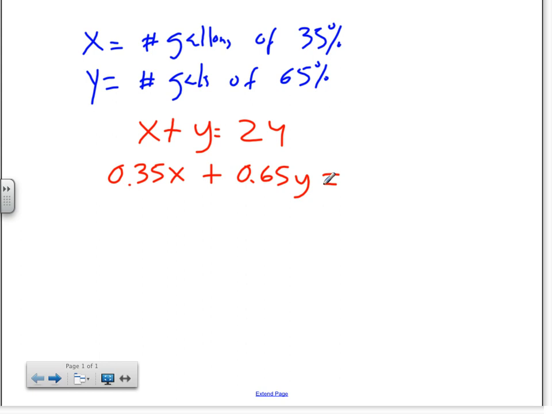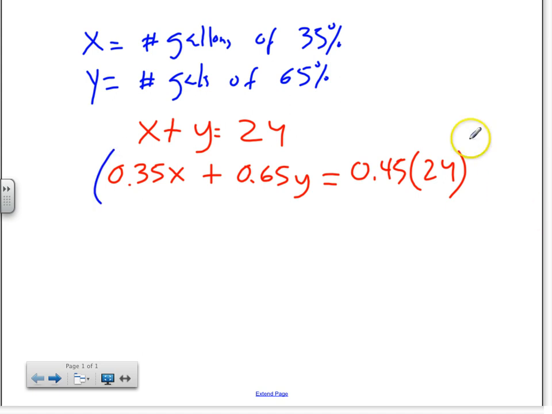I want to make what? I want to make 24 gallons of 45% concentration. So here's the 45% concentration, and I want to make 24 gallons of it, right? That's the total combined of the two. All right, so we clear things up here, and as you can see, we end up with decimals. I hate decimals, so let's clear it first.